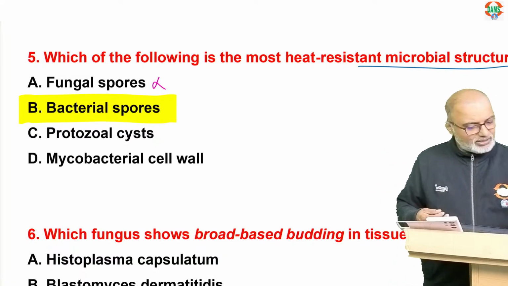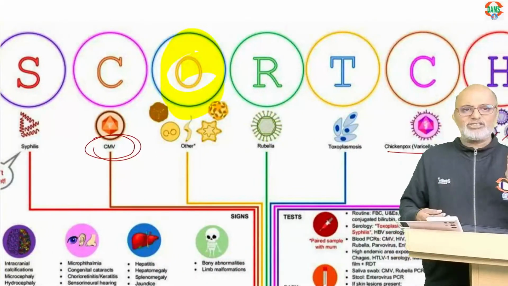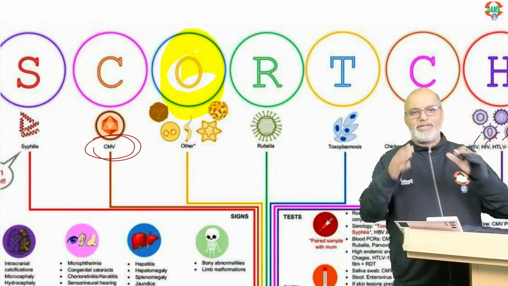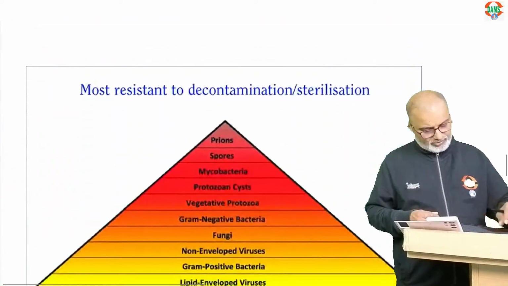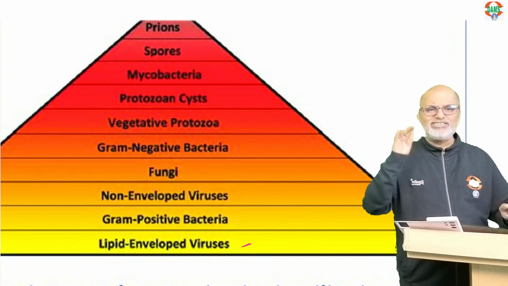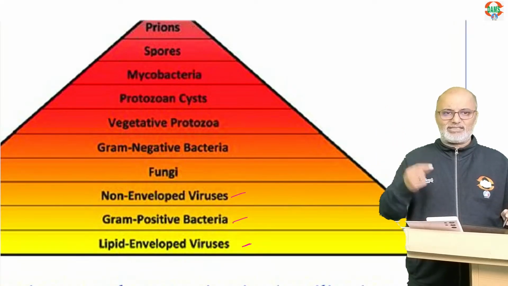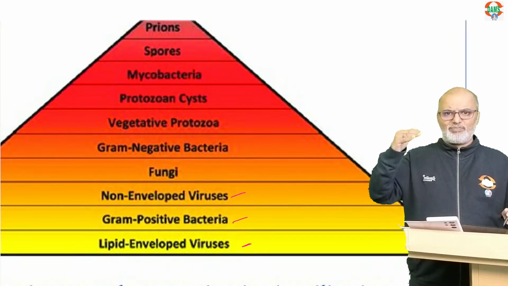See here, the structures. All these pictures you will get as a PDF. See the structures. Lipid enveloped viruses are least resistant. Next is gram positive bacteria. Next is non-enveloped viruses. First enveloped, gram positive, non-enveloped.